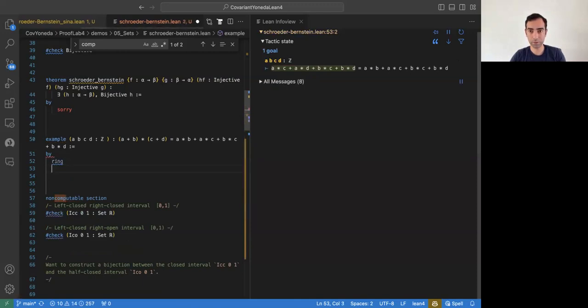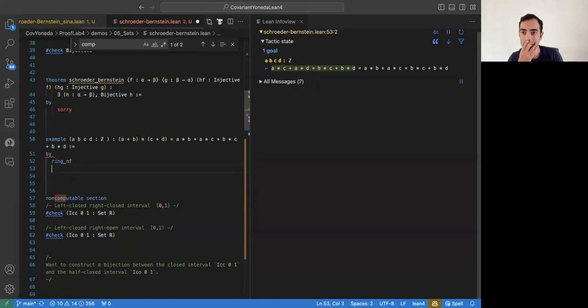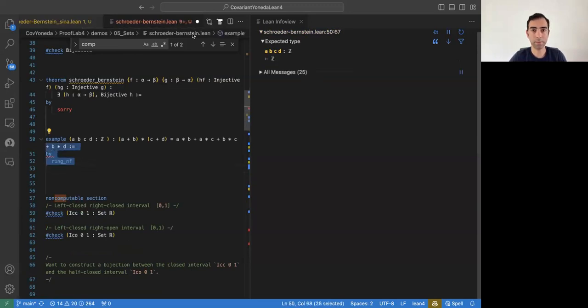Wait, it should work. Let me go back to our file. I mean, this ring should definitely work. I think this project somehow I'm not.